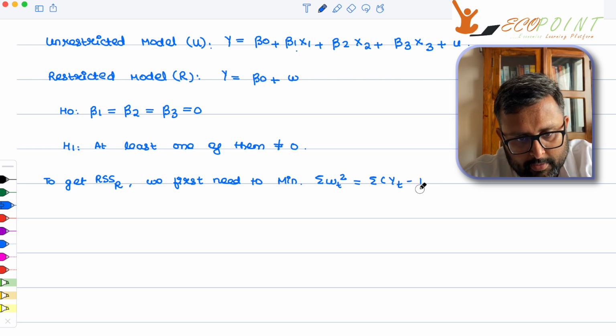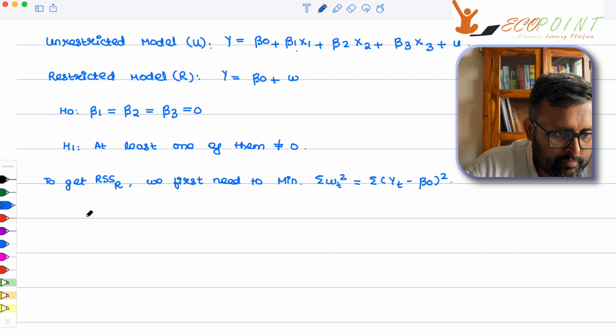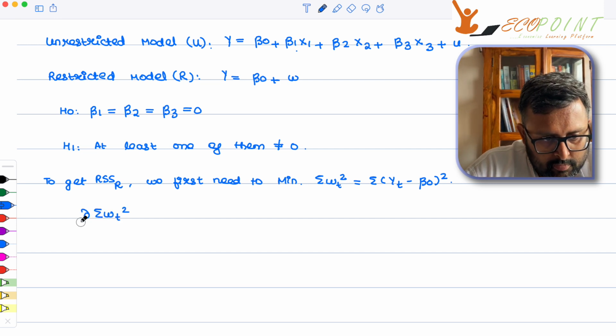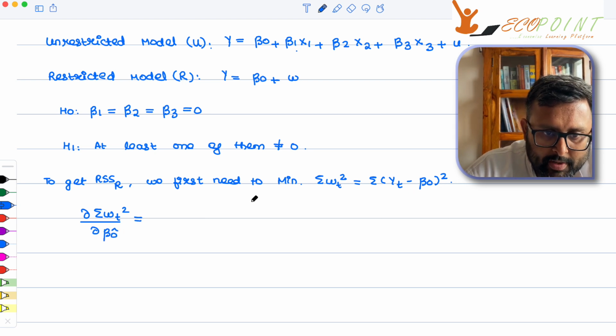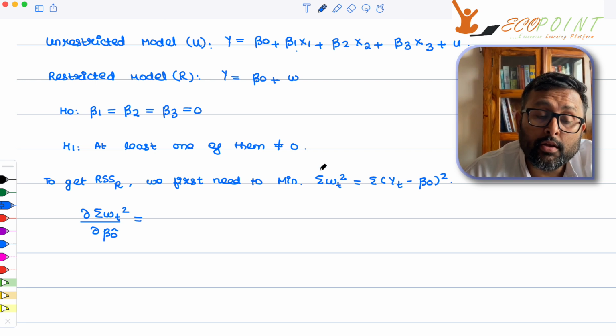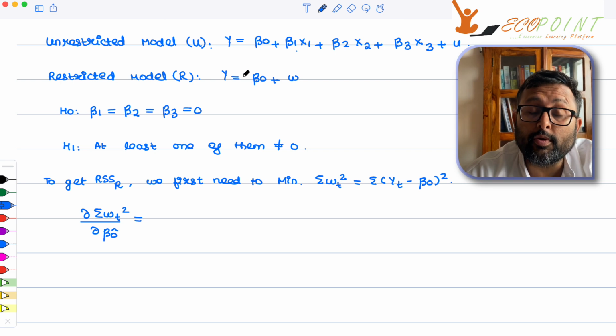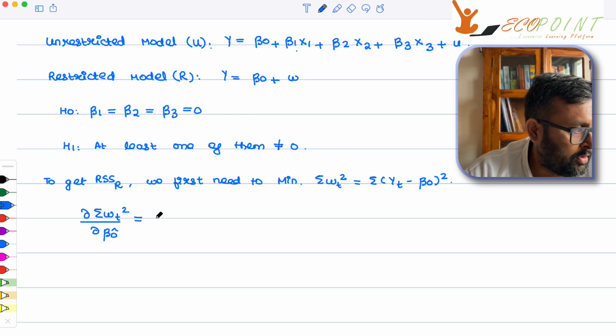So it is yt minus beta naught squared. You need to find that value of beta naught hat which is going to minimize the summation of wt square. What is summation of wt square? The sum of squares of the residuals from the restricted model. That's what you're trying to find out.